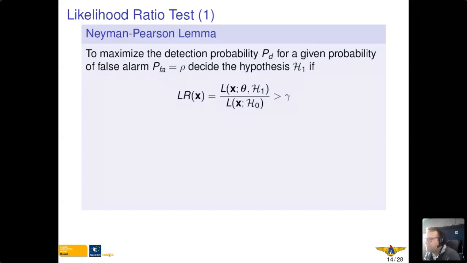The probability of detection, I think this term is clear to everyone. The probability of false alarm is the probability that we falsely detect a satellite when there is none.